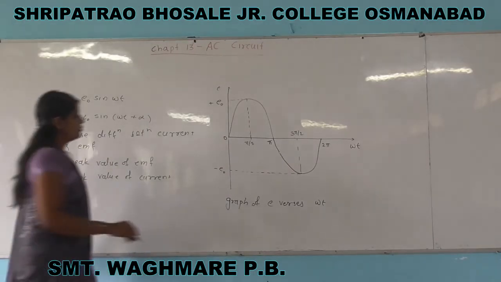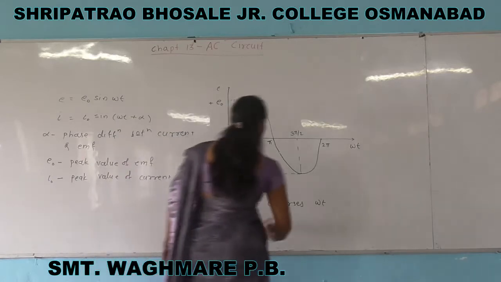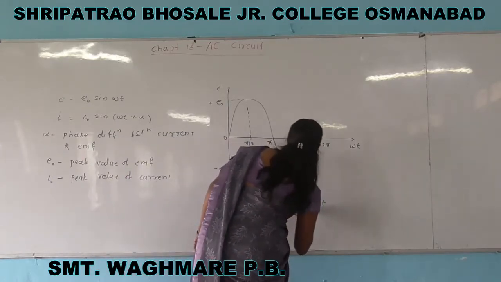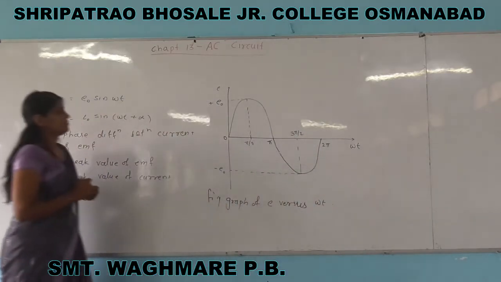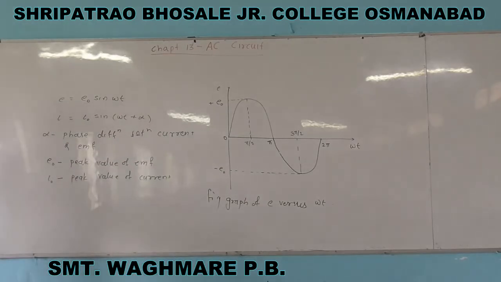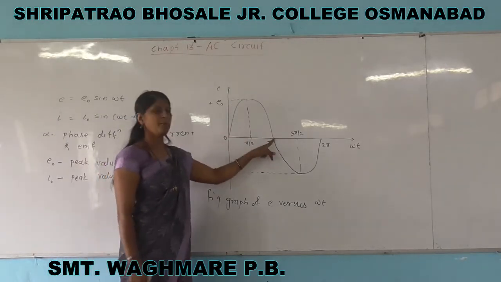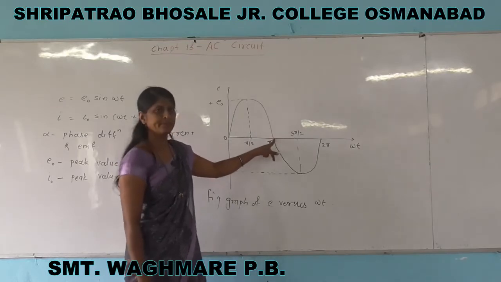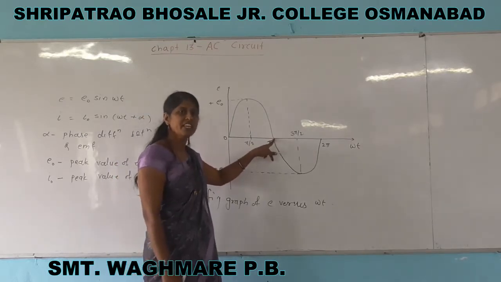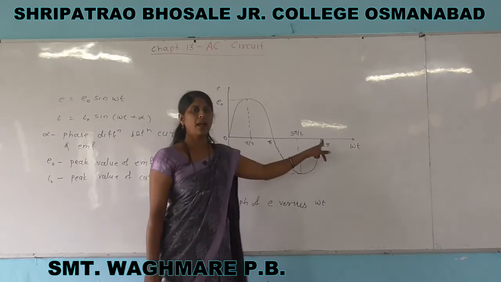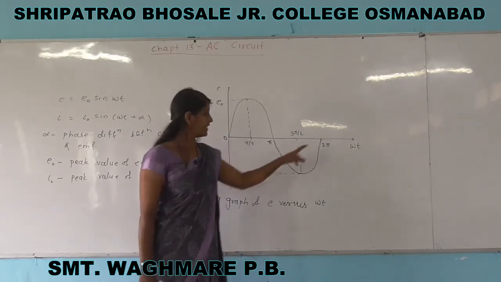Now, from this graph, it can be seen that the direction of EMF is reversed after every half cycle. This is the half cycle, and therefore the direction of EMF is reversed after every half cycle.